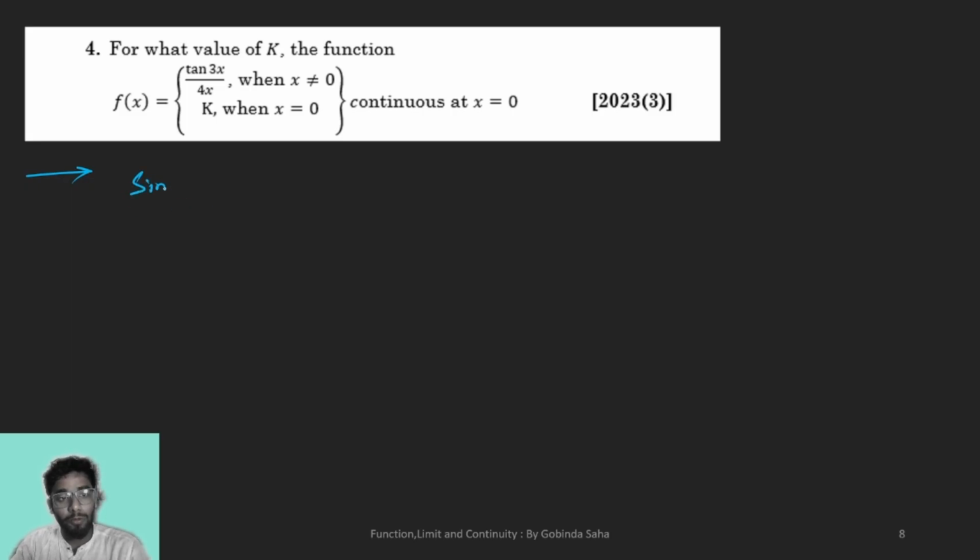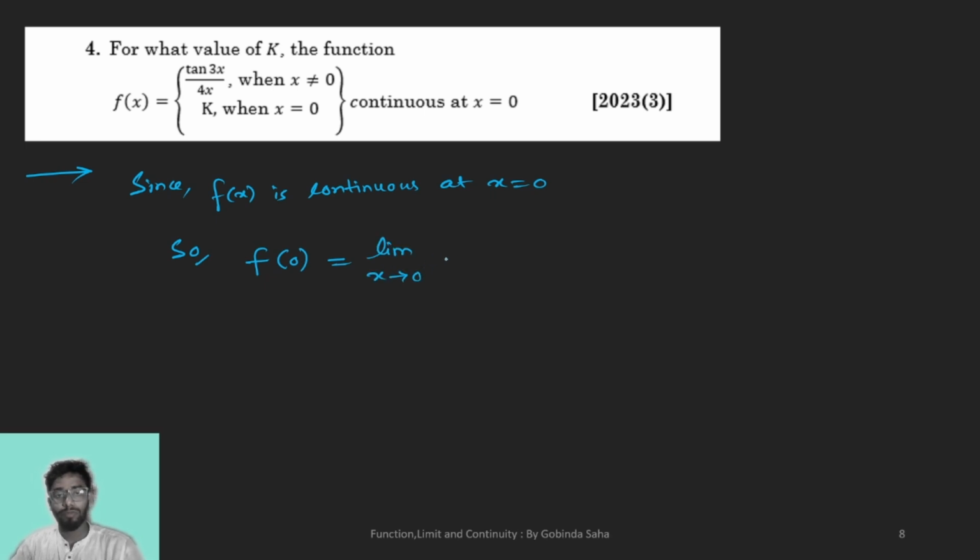So since f(x) is continuous at x equals 0, we can easily say that f(0) is the same as the limit as x tends to 0. Since both left hand limit and right hand limit will exist, we can write it as the limit as x tends to 0 of f(x).